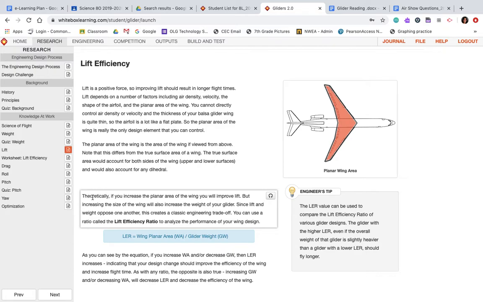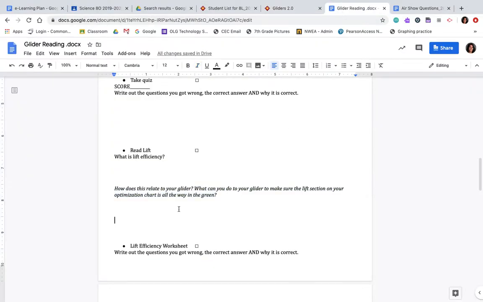So like right here it says, theoretically, if you increase the planar area of the wing, you will improve lift. Then continue reading that because it's not just making sure that the planar area is large. So that's what you'll write here, and then you'll actually come back to that when you're building your glider if you are having trouble getting your optimization chart to have all of the triangles to the right.